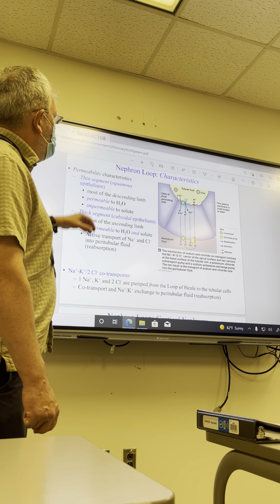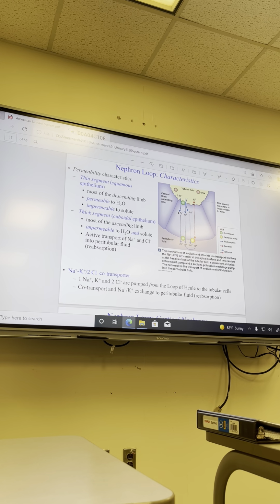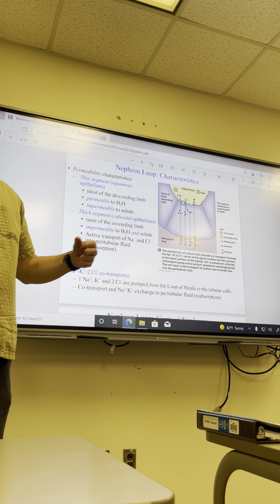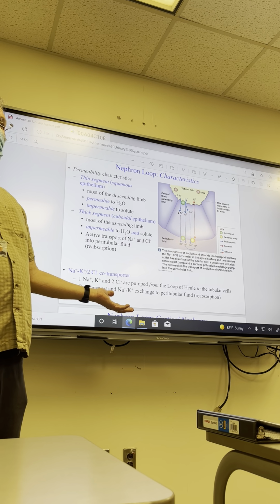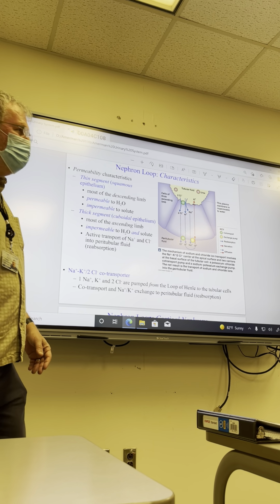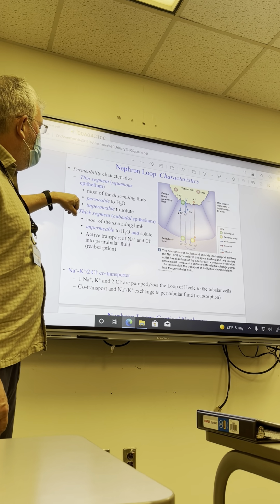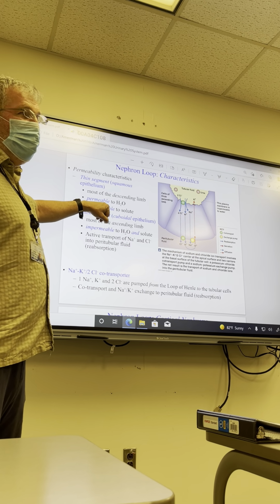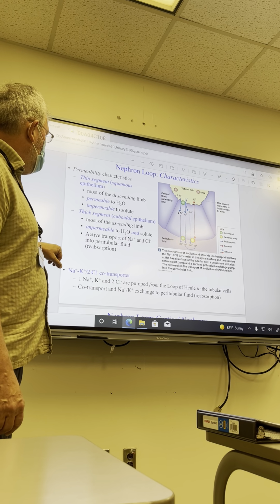So as we take a look at the characteristics of this loop, we'll just go through slide to slide, and then we'll talk about Canadian geese, of course. Why wouldn't we talk about Canadian geese? So our thin segment, the big part that's going down, we know is what? Permeable to water, but impermeable to solutes.